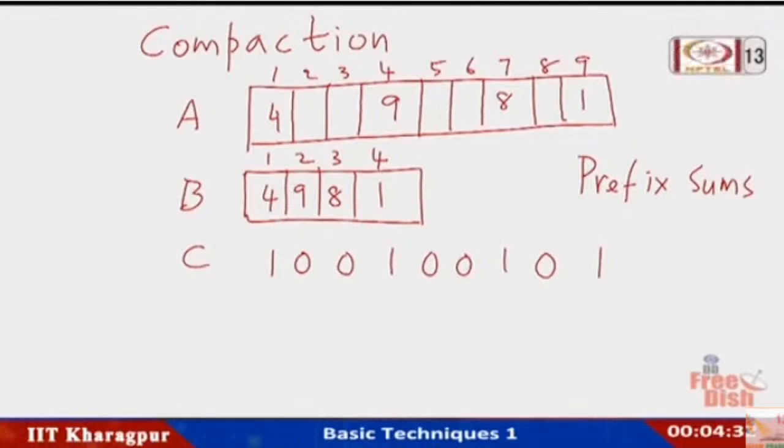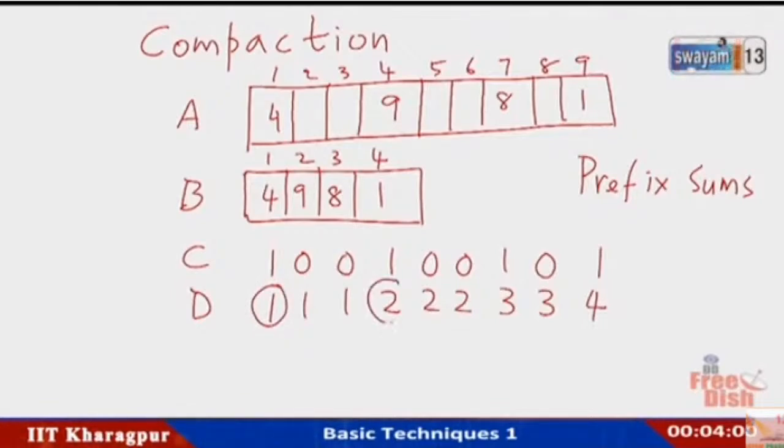And then we find the prefix sums of array C. D forms the prefix sums of array C. Now out of D, let us consider only those elements at which C has a 1. So this element has a 1 in C, this element also has a 1 in C, this element also has a 1 in C, and this element also has a 1 in C.